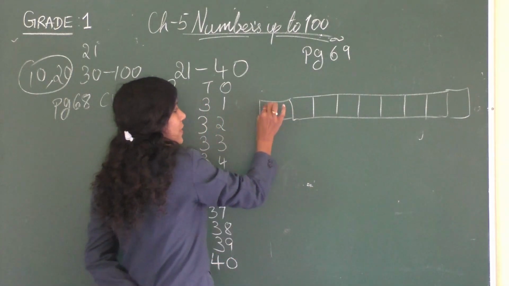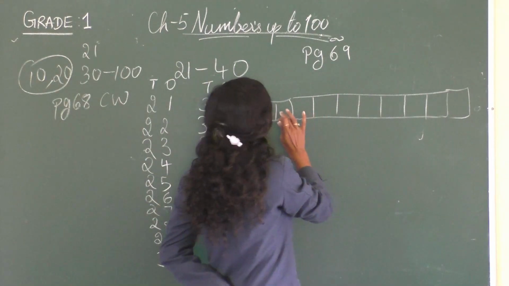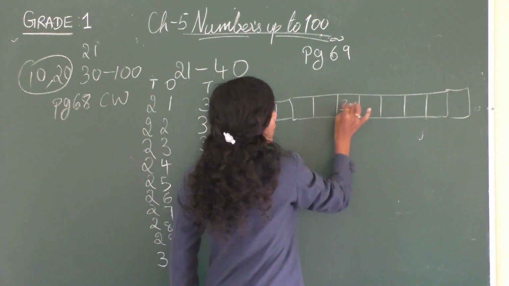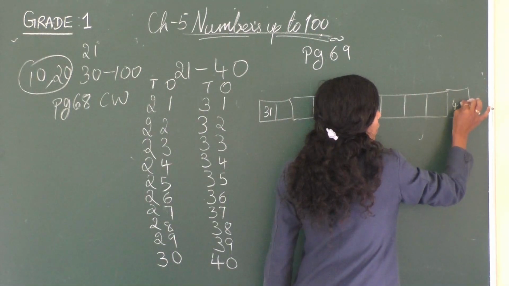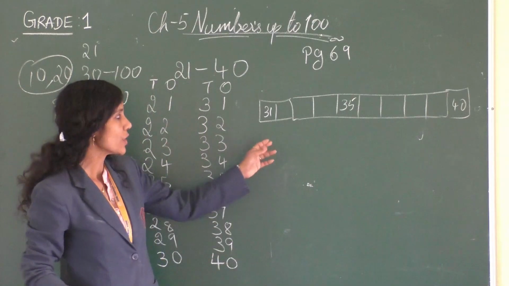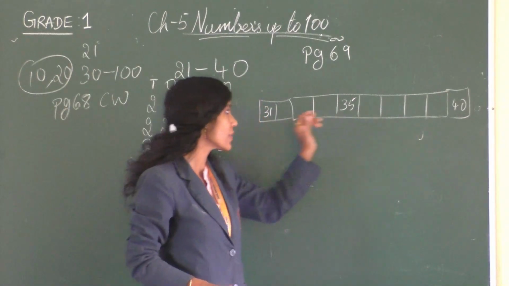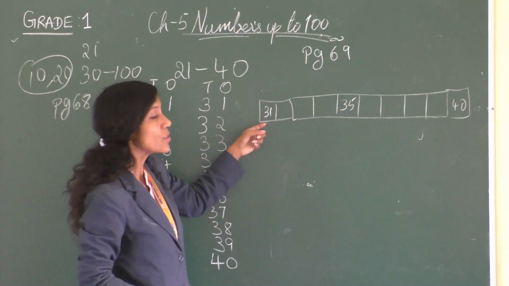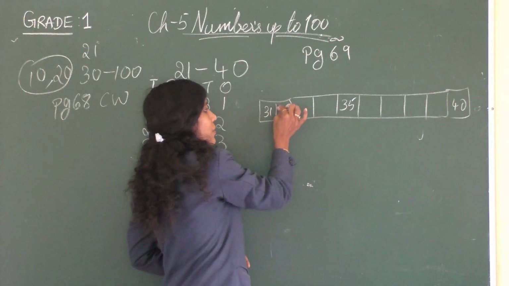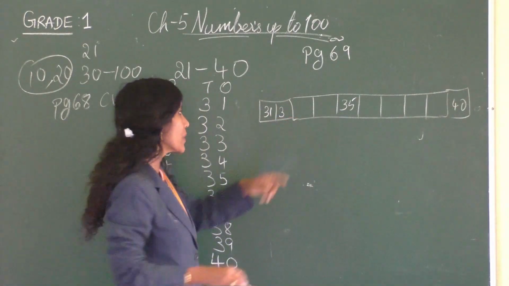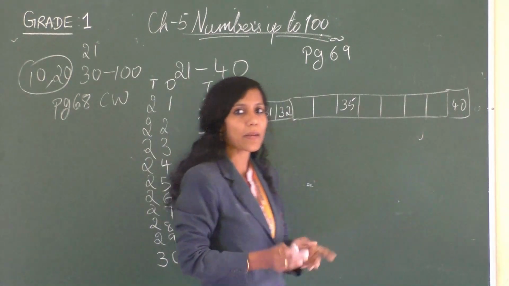Here we have 31 given to us, 35 given, and the last one 40. What you have to do is fill in all the missing numbers in between. After 31 what comes? After 1 comes 2, so 32 comes next. Similarly, I have to fill the others up.